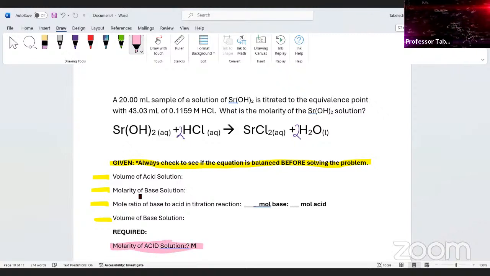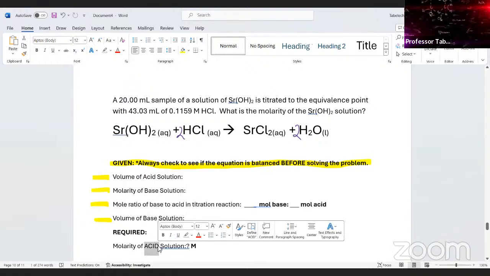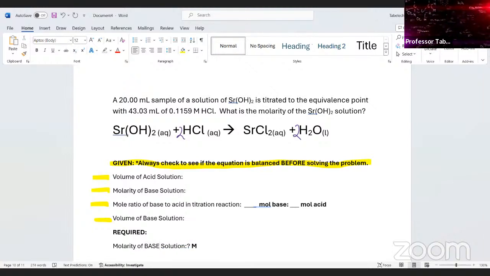How do we know that? Well, and it's not the molarity of the acid solution. Scratch that. It's the base, okay? So I was copying and pasting this, so I did not go back and redo my words. So let me redo that one. That's base. How do we know it's the base? Well, watch this. Here we go.